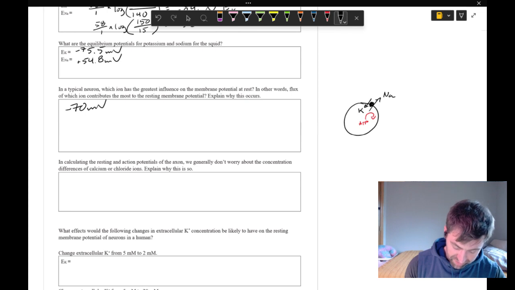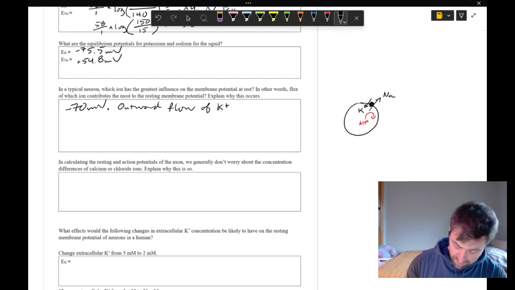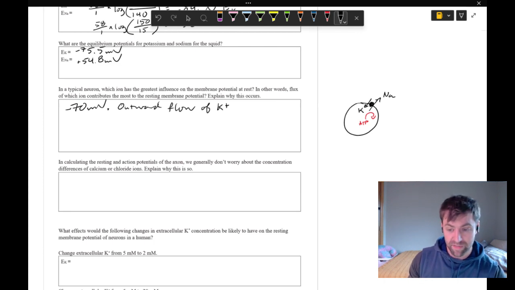Flux of which ion contributes the most? It is important to know that the cell membrane is more permeable to potassium than it is to sodium.